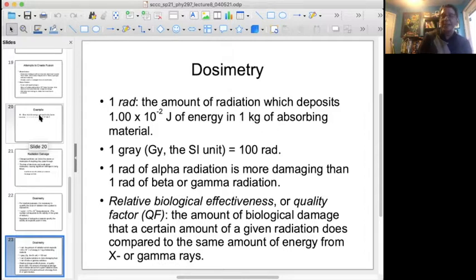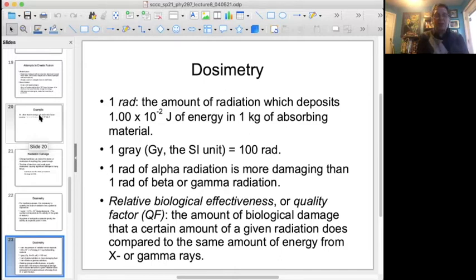So for the same amount of energy, the more massive object has a greater momentum. And so alpha radiation, being a helium nucleus, has more momentum for the same amount of energy than a beta particle, which is an electron, or a gamma ray, which is a photon.